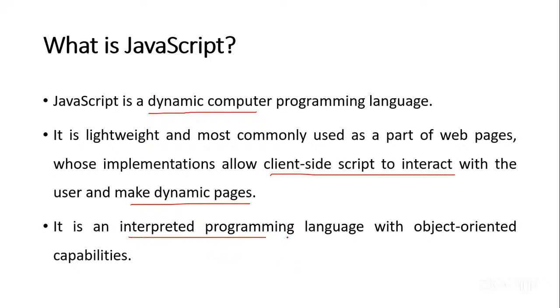JavaScript is an interpreted programming language. You may have heard the word translators. Whenever you are trying to learn any programming language, every programming language internally uses some translators, which are used to translate your high-level code, your source code, into a machine-understandable format.